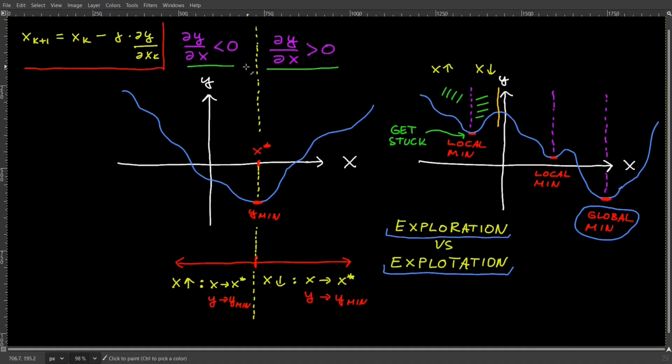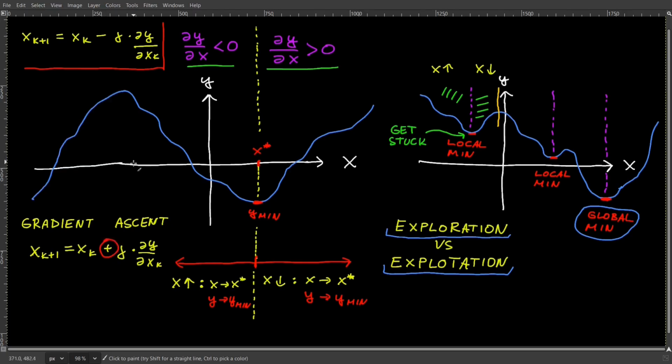Also, the opposite of the gradient descent algorithm would be the gradient ascent algorithm. In this case, you would have a plus here, and then everything would be in reverse. You would be looking for the maximum point that would happen at x star max, so on this side you would have a positive derivative, and on this side a negative derivative.